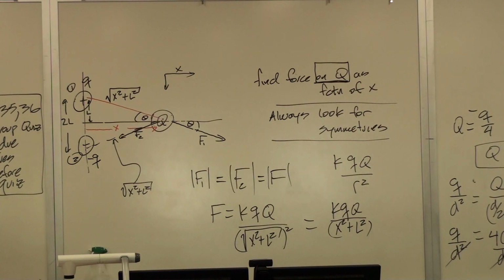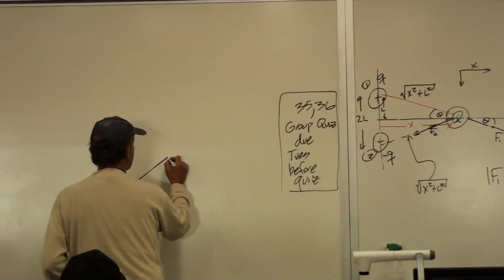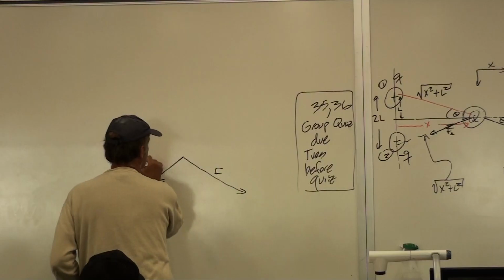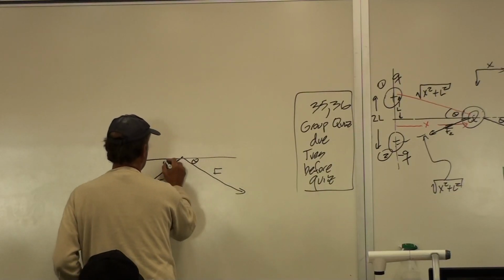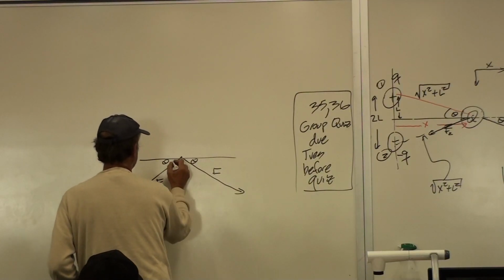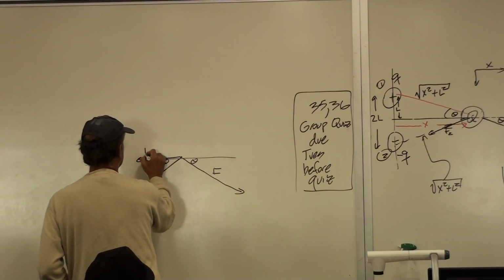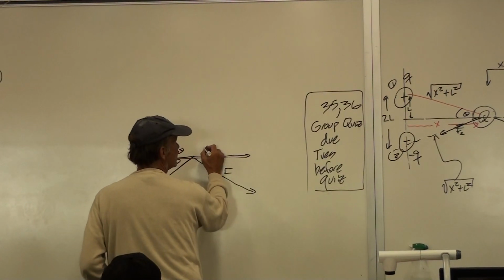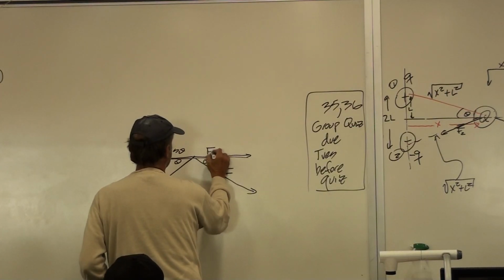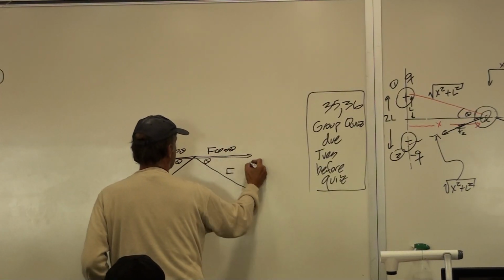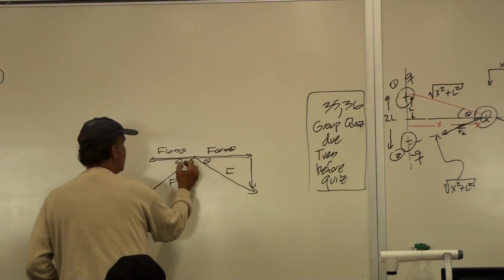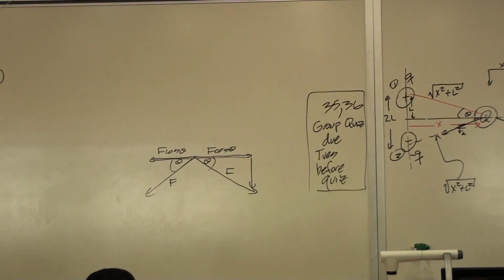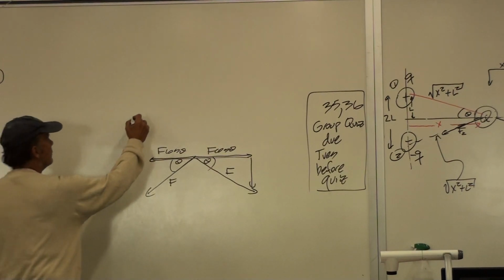So we've got an F, got a theta there, and we can say that this component is F cosine theta. This component is F cosine theta. But the F's are the same and the angles are the same, so that means that they cancel. X components cancel.